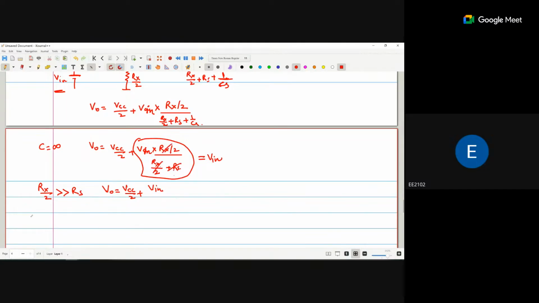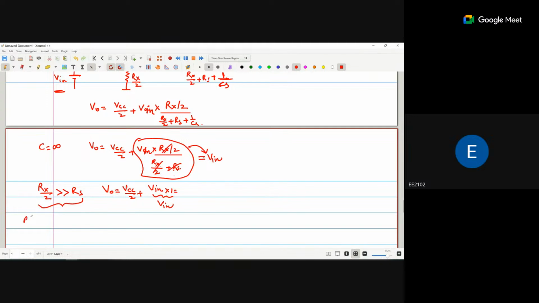Rx by 2 and Rx by 2 cancel out, so this is Vin multiplied by 1. So we are getting this one as Vin. We require only this term as Vin.